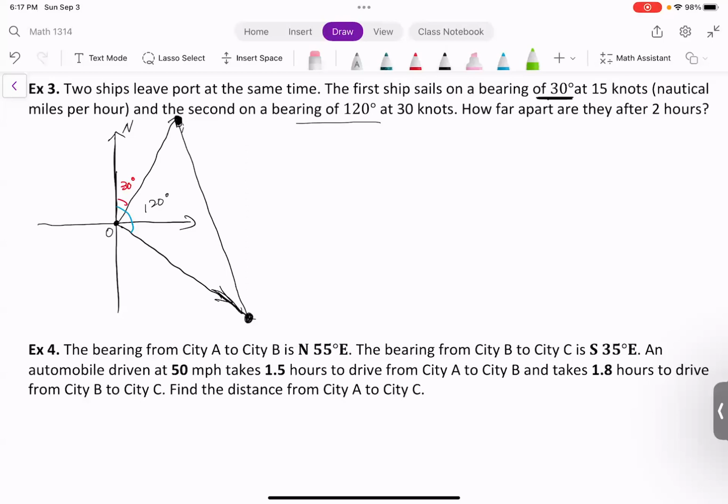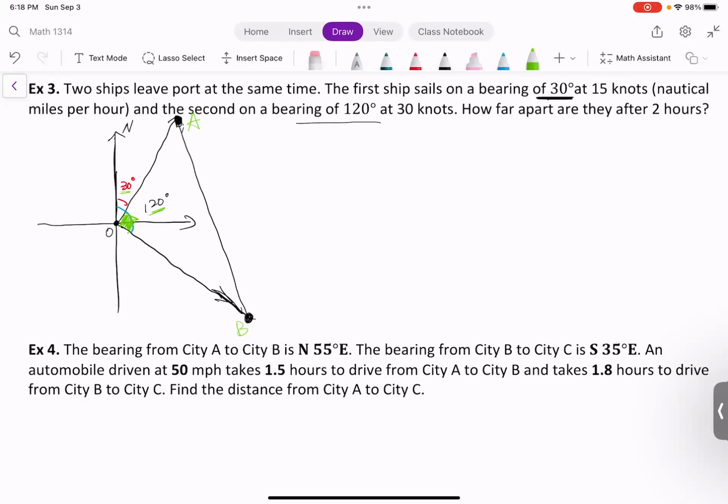How about the angle here? Is that 90 degrees? Yes, it is. You use 120 minus 30. So this is a right triangle. We say this point is A, this point is B.